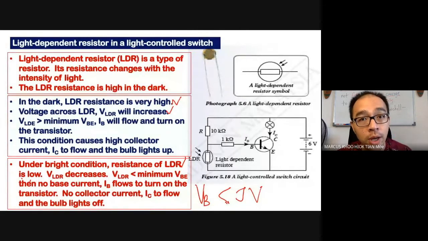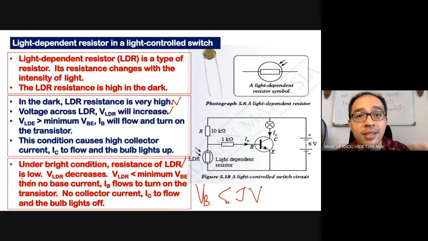If you really want to understand how to explain this, start with the light bulb. Okay? I mean, if you're there, you can answer lah. Answer this for yourself lah. Why does the light bulb turn on? The light bulb turns on because there is collector current. Why is there collector current? Collector current is because transistor switch on. Why is the transistor switch on?